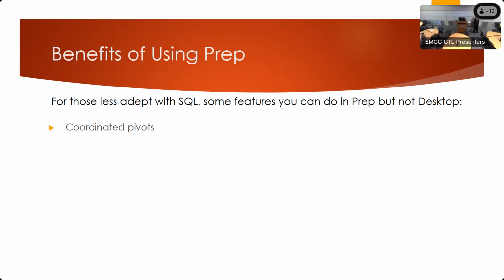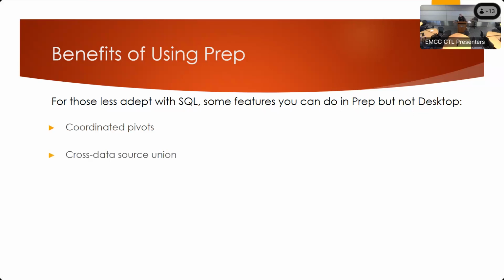Every grade level is in a separate column. That doesn't work well for creating dashboards. I need them in rows. Tableau Prep does a really easy way of flipping from rows to columns or columns to rows. You can do joins on calculations in ways you cannot do in desktop. There are a lot of little features you can do differently.